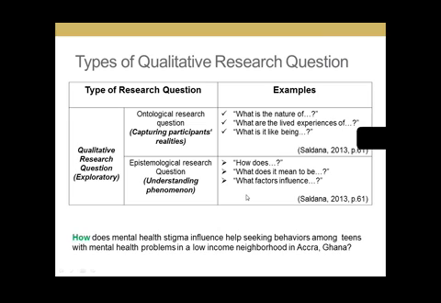Because you want to understand the relationship between the stigma and the health-seeking behavior, and another thing you can look at is that it starts with how. Because of that, it is an epistemological research question.